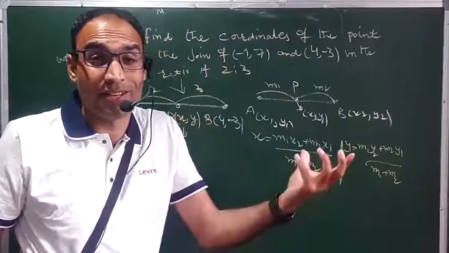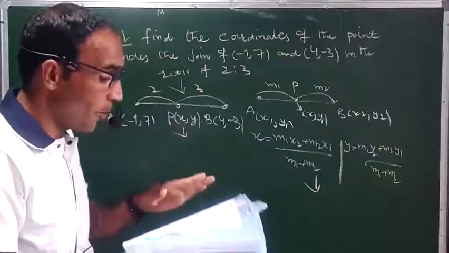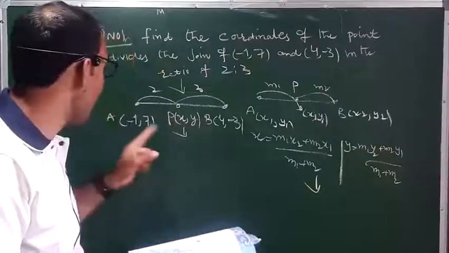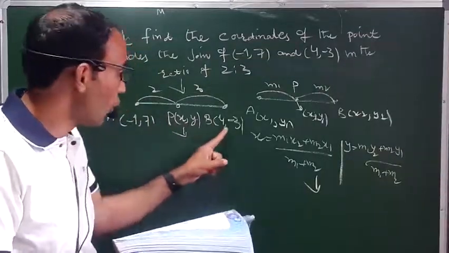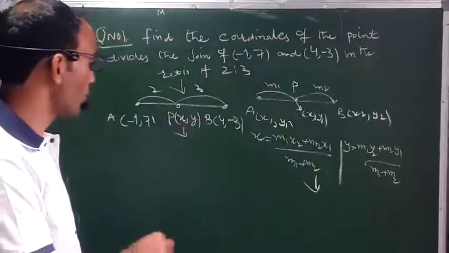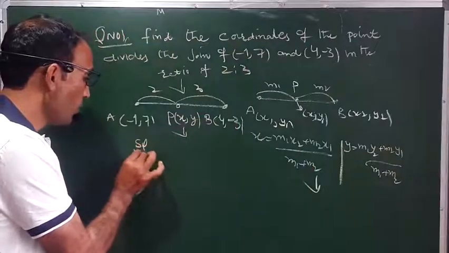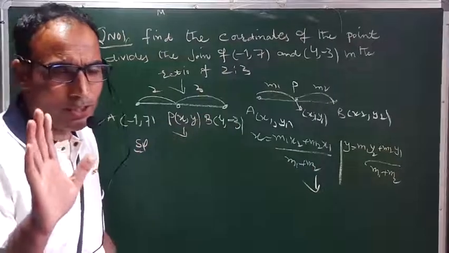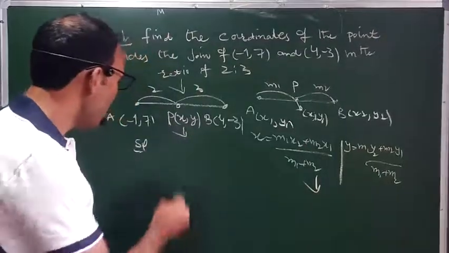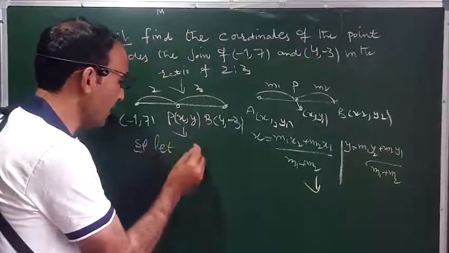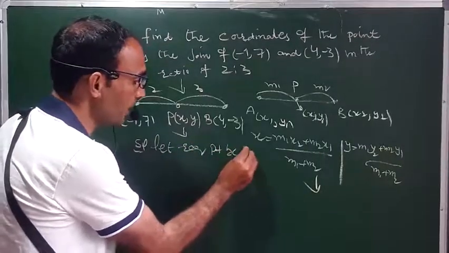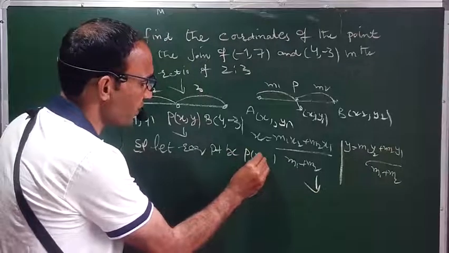First of all, we will check that the coordinates are correct or not. -1, 7, 4, -3, and the ratio is 2:3. Now, what is the procedure? Simply, dear students, we will use section formula. तो पहले स्टार्ट कहां से करेंगे? हम लिखेंगे लेट रिक्वायर्ड पॉइंट। ये जो रिक्वायर्ड पॉइंट है बी P, whose coordinates are x, y.